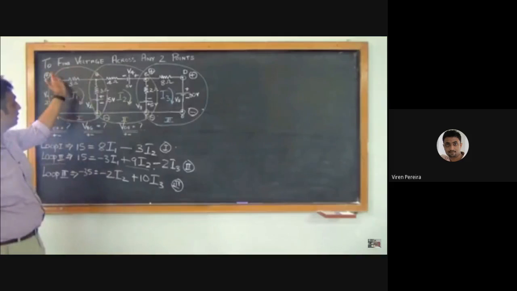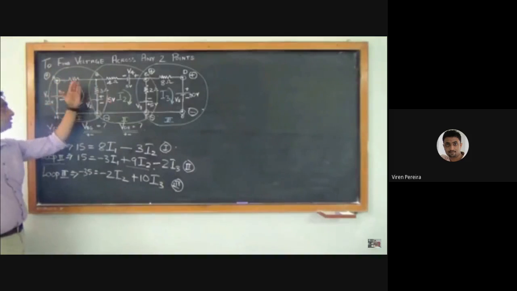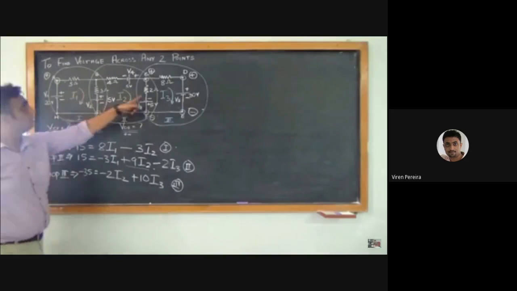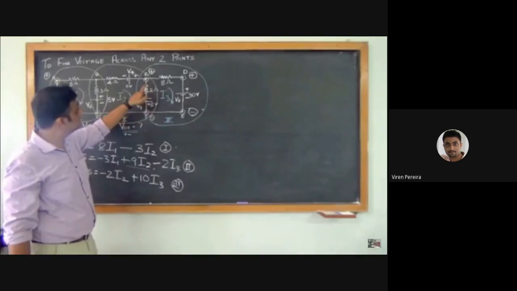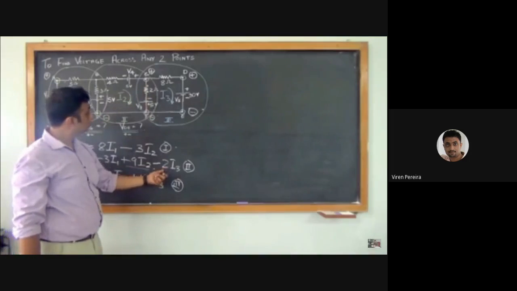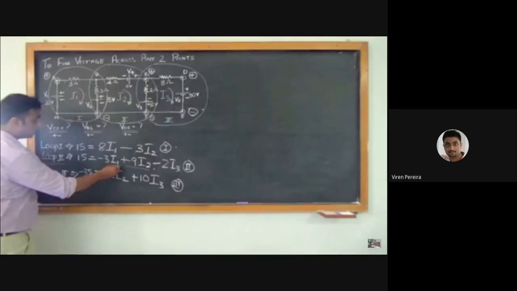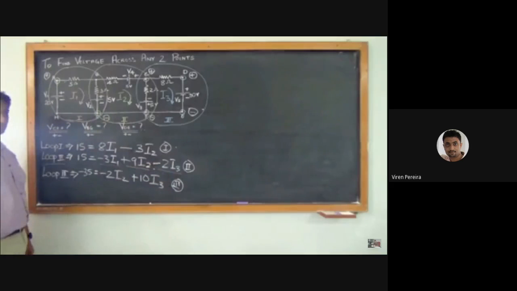So any current other than loop 2 will be taken as minus. So we have minus 3 I1, and in the same way, minus 2 I3. Whatever other currents are there will be taken as minus. Now coming to loop 3.